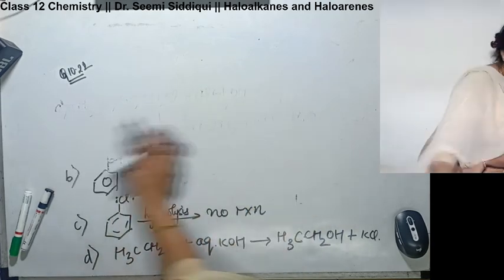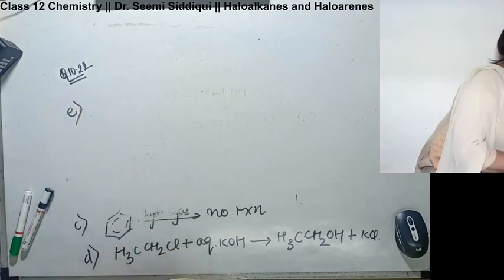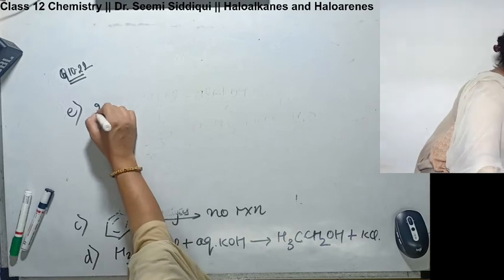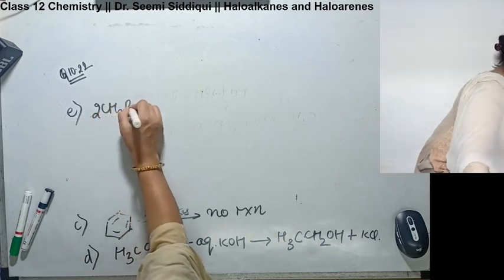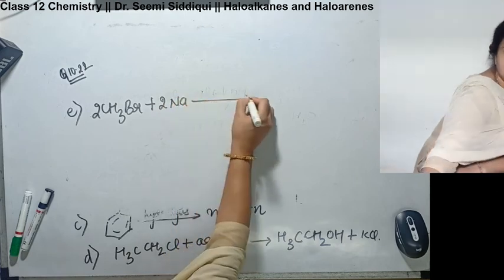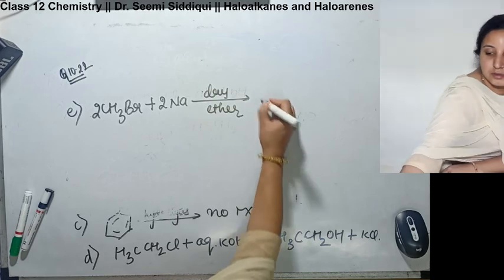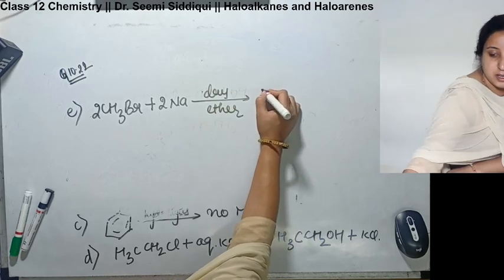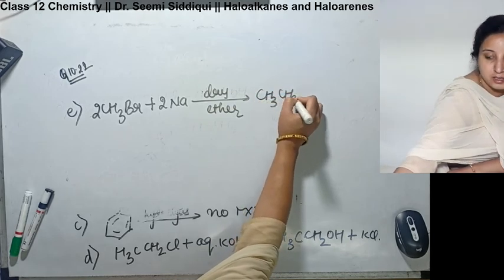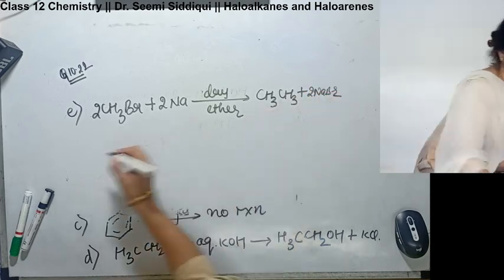Coming to the next part, that is your E part. Methyl bromide is treated with sodium in presence of dry ether. Dry ether और sodium है, it means it is a Wurtz reaction. So it is going to be CH3CH3 plus 2NaBr.